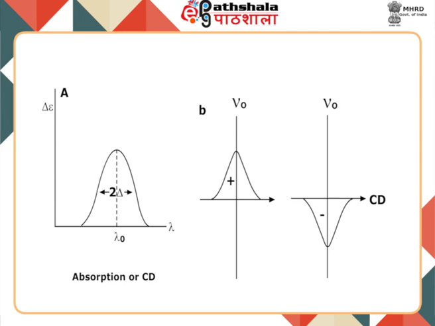CD spectrometers have an optical system much like UV-visible spectrophotometers, with the addition of a crystal of ammonium phosphate mounted to allow imposition of a large electrostatic field on it.